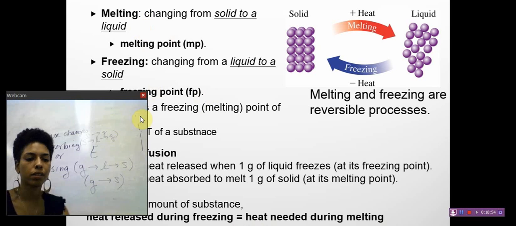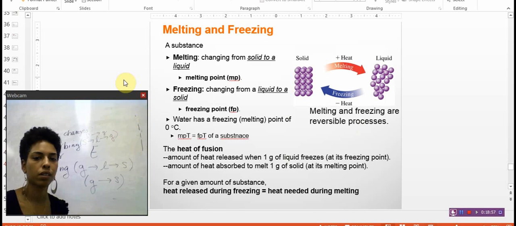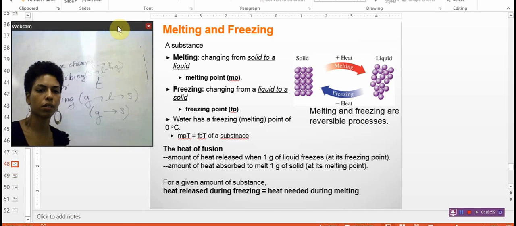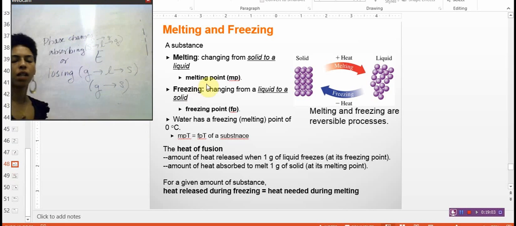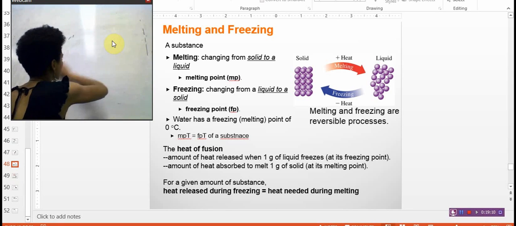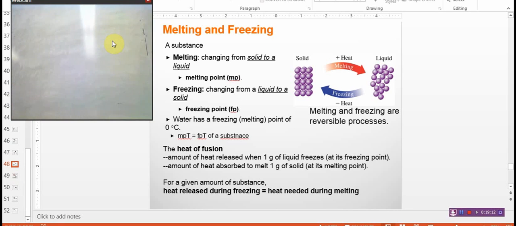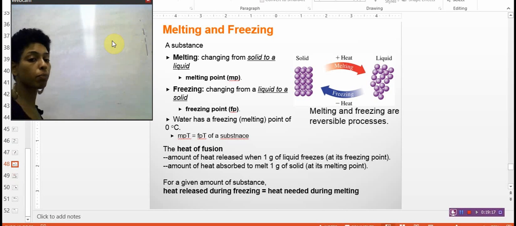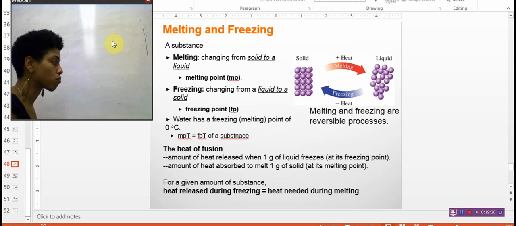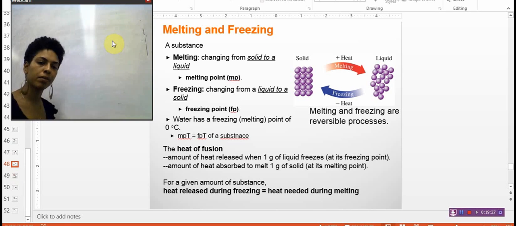Okay, so let's take a look here. All right, melting and freezing are two opposite physical changes. Now, remember, phase changes are physical. We don't change the substance. We're just changing the state in which the substance is present in the physical realm, right?